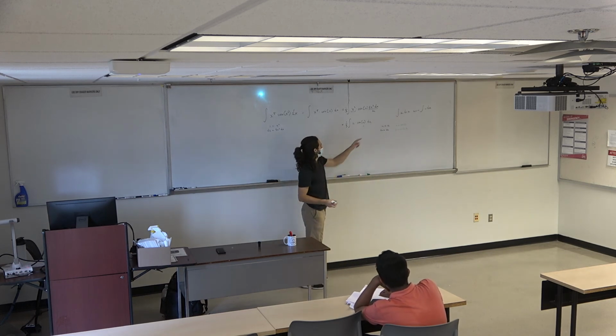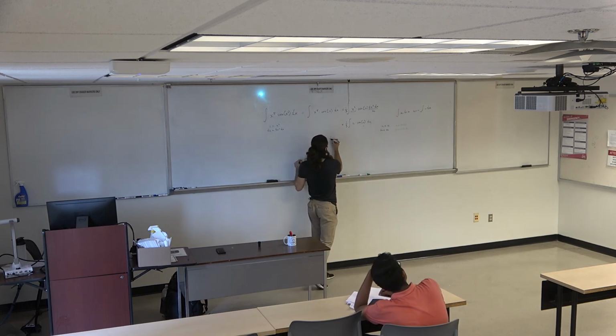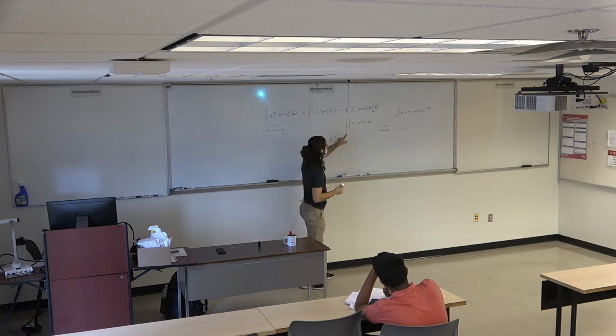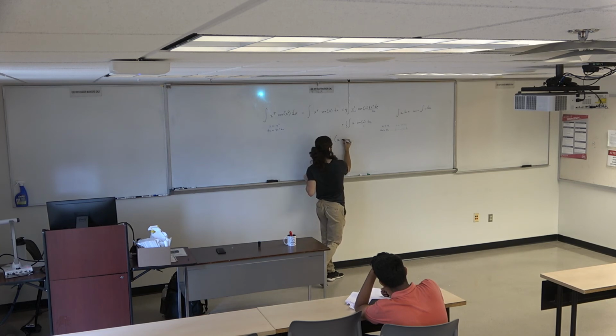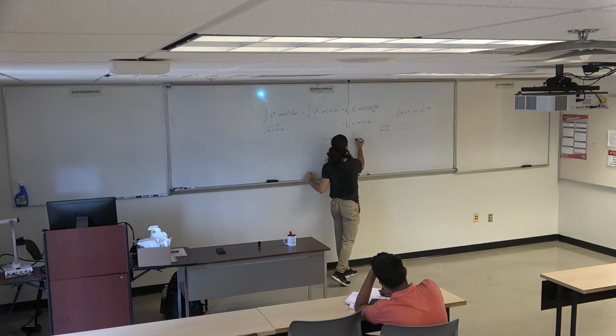Okay, so then we just follow that formula. Don't forget the 1/3. So 1/3 times uv minus the integral of v du.